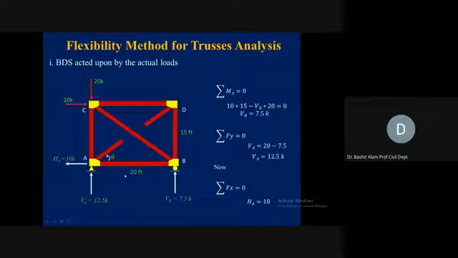Only diagonal BC is now required. Very easily you can find out the direction, the nature of this BC. How? Its vertical component should be balancing this 7.5 upward force, and that is possible when its component is in the downward direction.